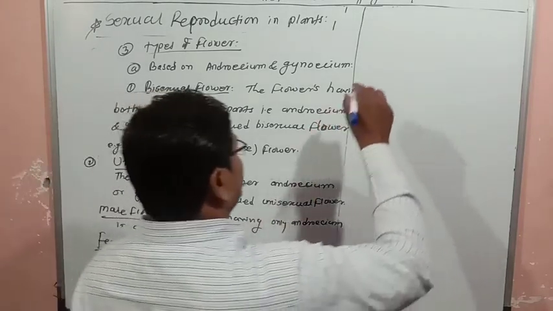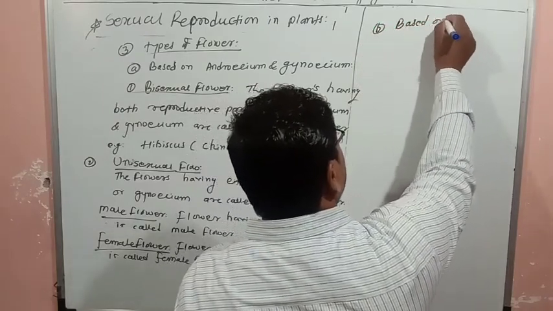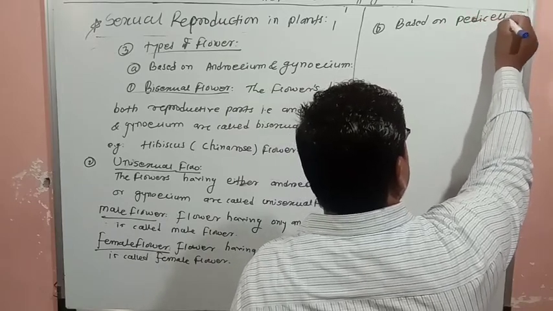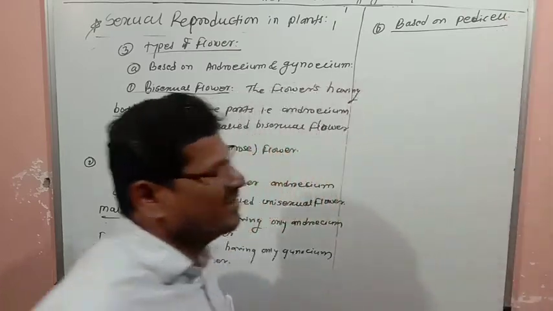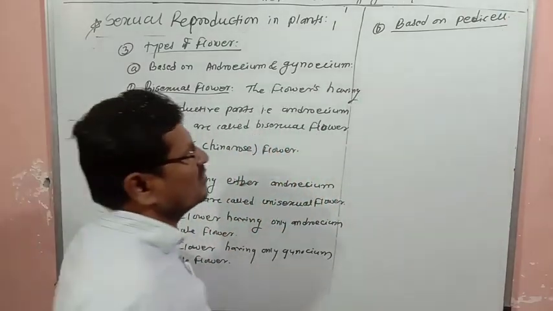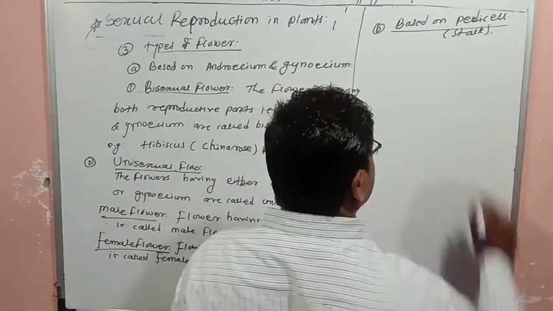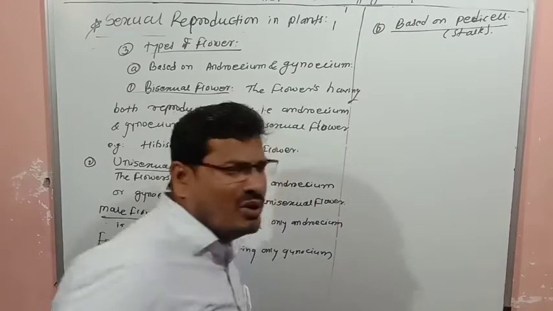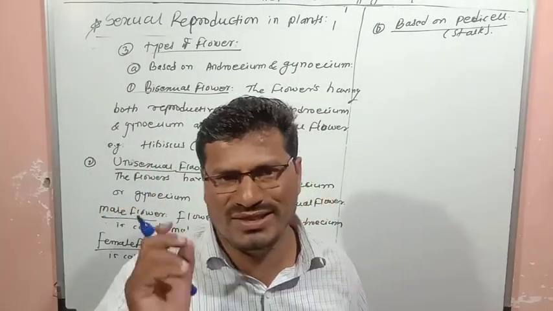So the next type is based on pedicel. Pedicel, or you can say stalk. Flowers which have a stalk are called pedicellate flowers.